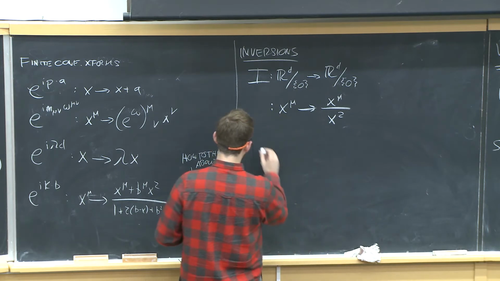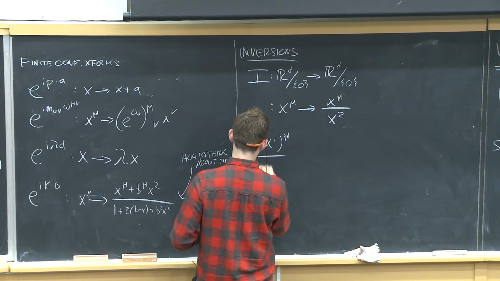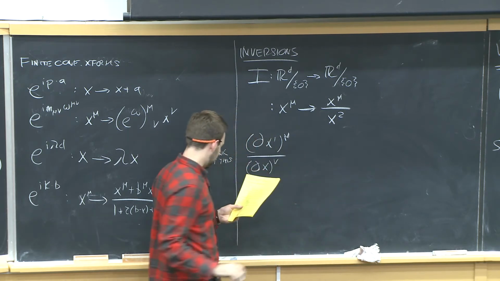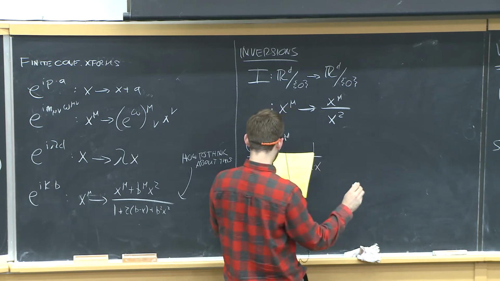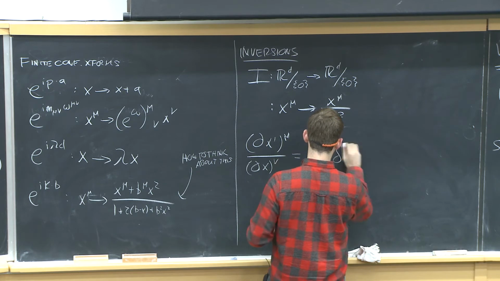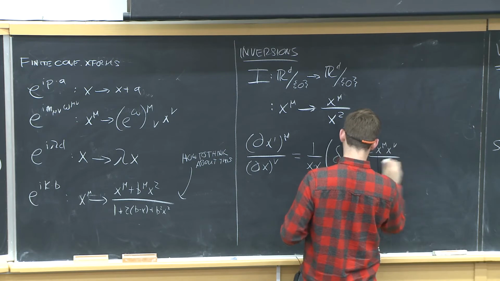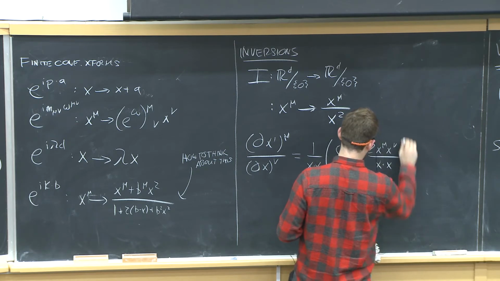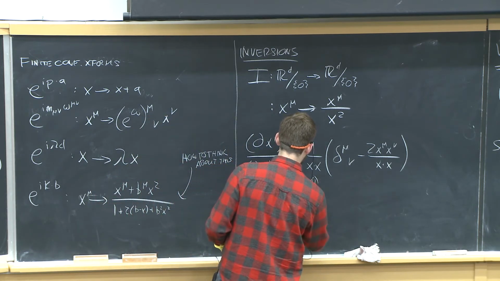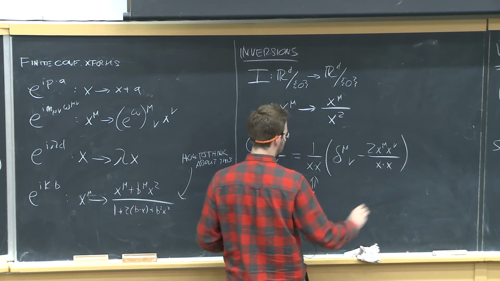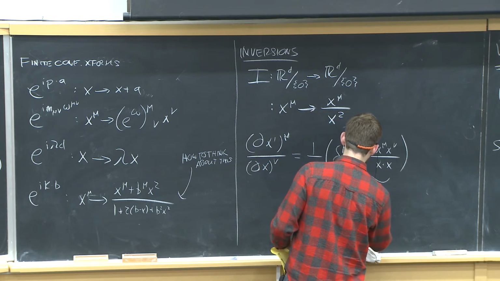Now you can check that the Jacobian for this change of variables, or this diffeomorphism, looks like this, where this is a rescaling, and this is an orthogonal matrix.